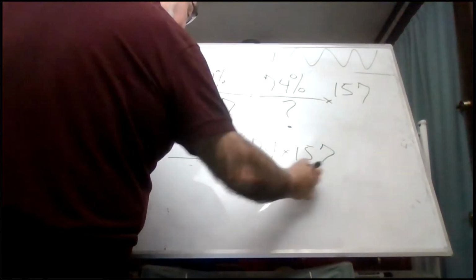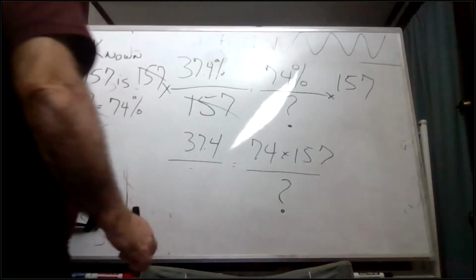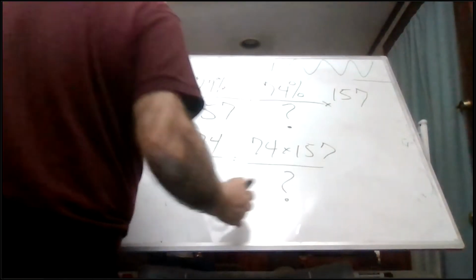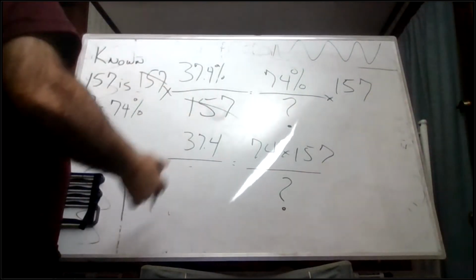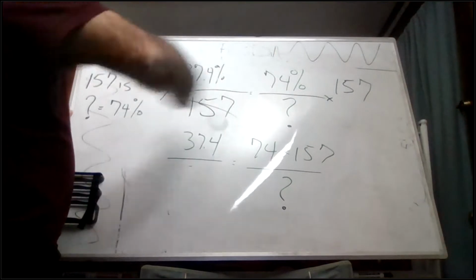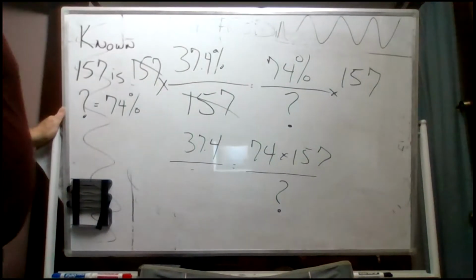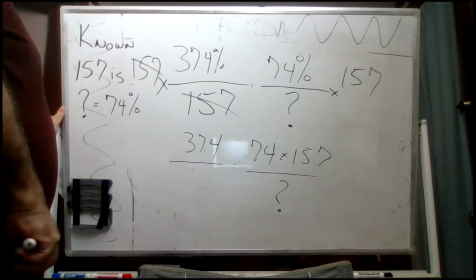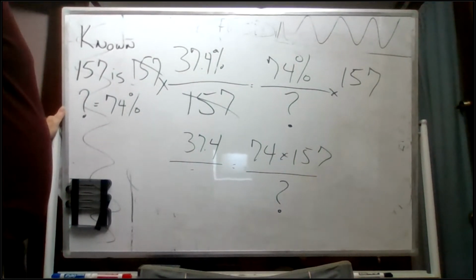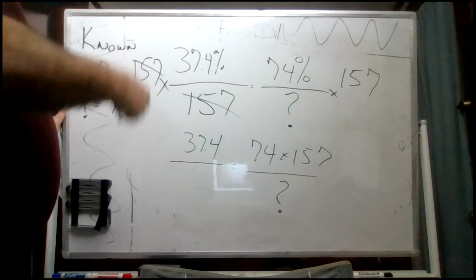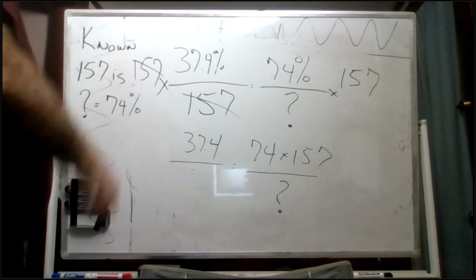74 times 157 divided by something. Now you can multiply each side by something, but you're still going to be stuck with this. You got to do extra steps. That's why I always do it my way. Okay. You can. It's just going to take you extra steps, because you want to get what you're solving by itself.